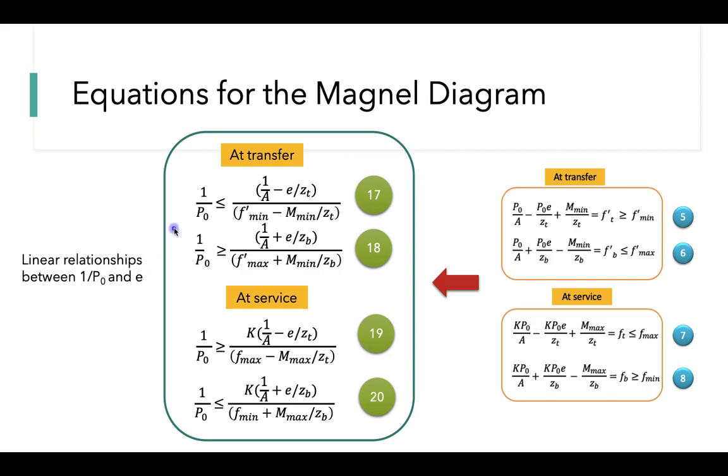Based on these equations, we can see a linear relationship between 1 over P naught and e, where e is the eccentricity. So the graph we are going to develop is 1 over P naught versus e.